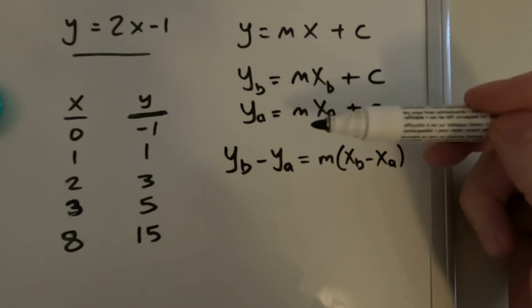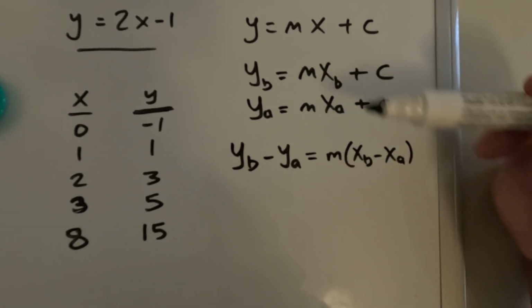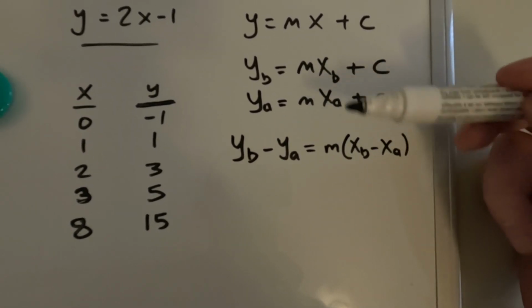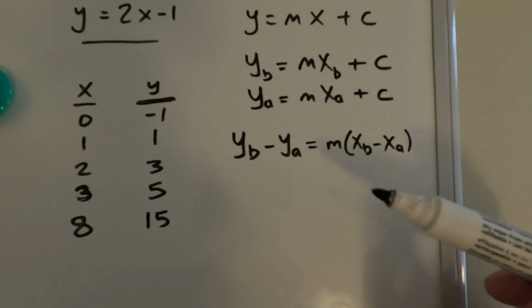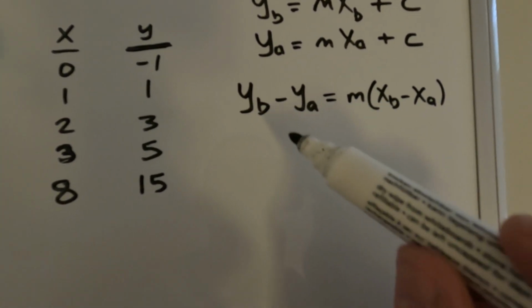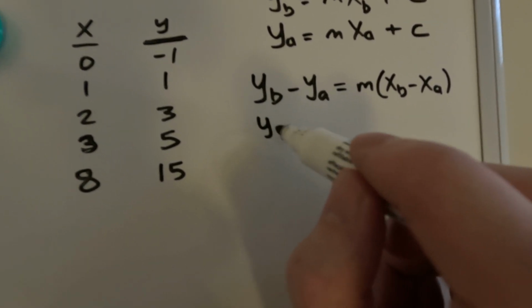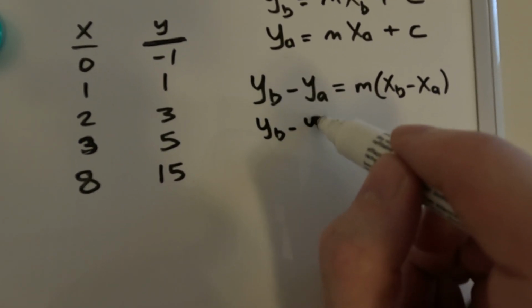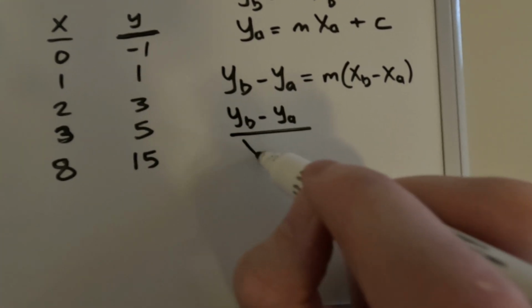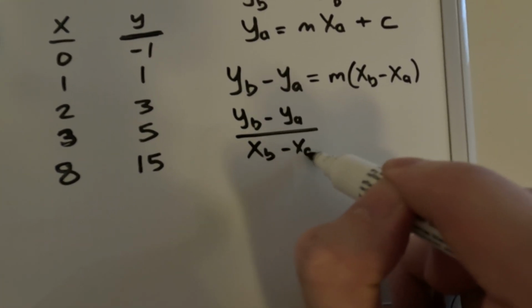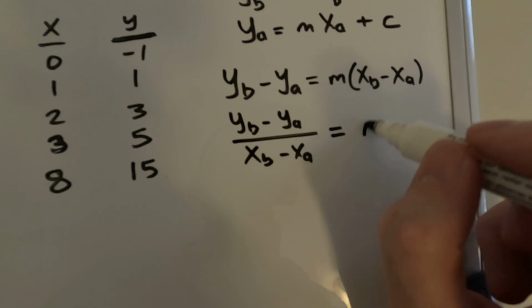And then because we have an m top and bottom, the m will come out, and then you're just subtracting that from that. So that's what we've got now. And then, so quite simply, you divide across by xb minus xa, and that equals m.